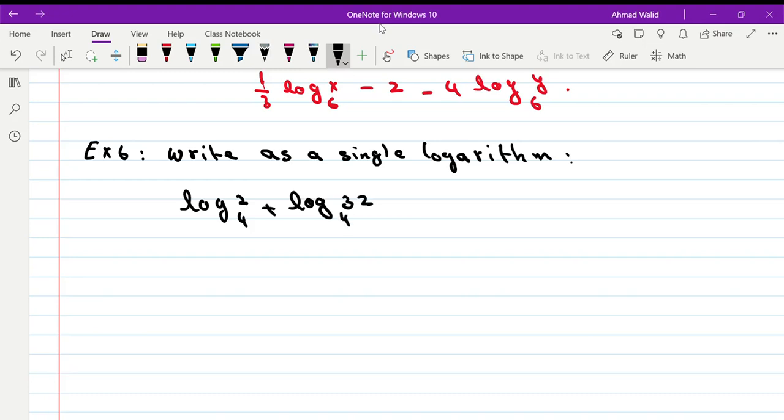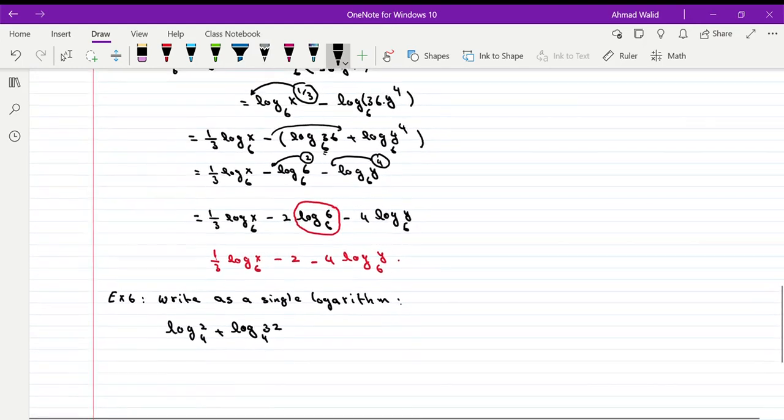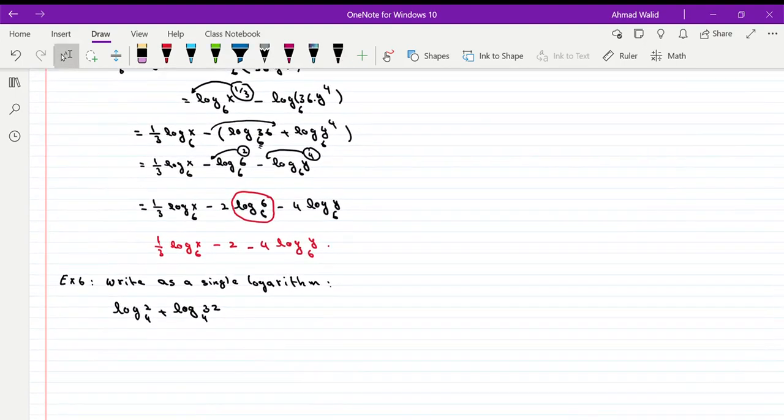When you write an expanded form to one single logarithm, you see I zoomed out a little bit my page. Actually, you are doing the steps from the bottom to the top. The problem isn't given in expanded form.